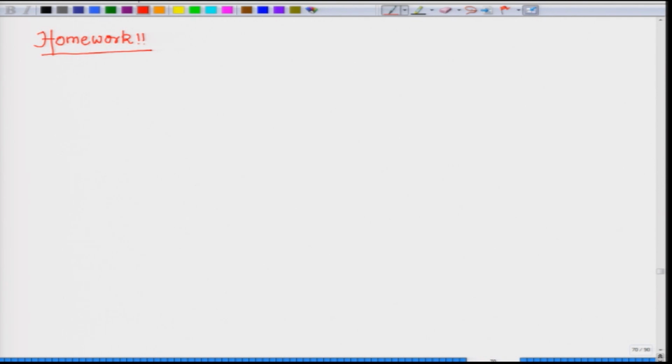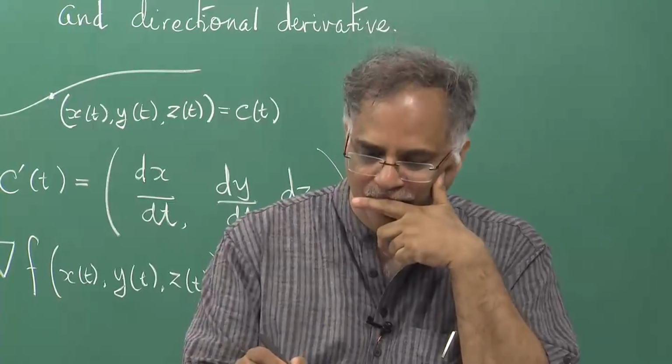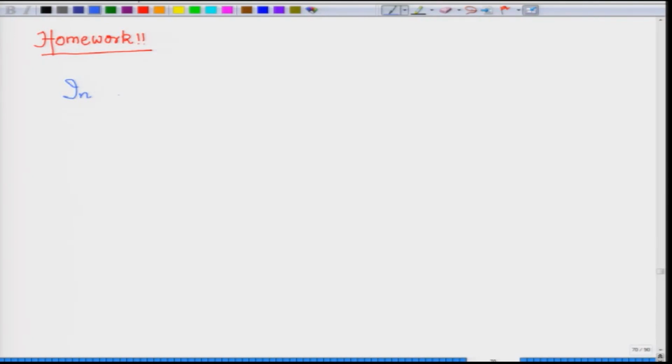The homework is simple: in which direction is f increasing the fastest and in which direction is f decreasing the fastest. This very question has a deep link to the subject of optimization, the part of mathematics which deals with the maximization and minimization of functions.